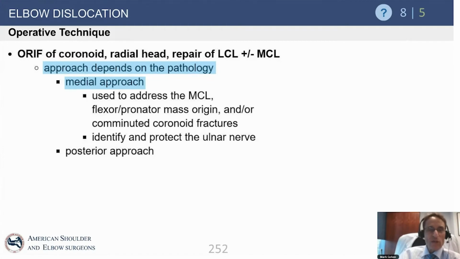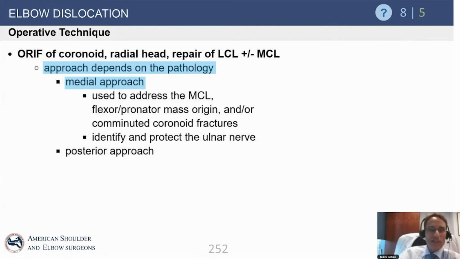And what I learned very quickly was if the elbow seems stable after I finished the lateral side, the medial side was not as satisfying in terms of opening and repair as it was when I had a continued amount of instability after the lateral repair. So it's clear now we don't have to repair the medial side. As long as you have a congruous joint, the medial collateral ligament and the flexor pronator origin will heal.